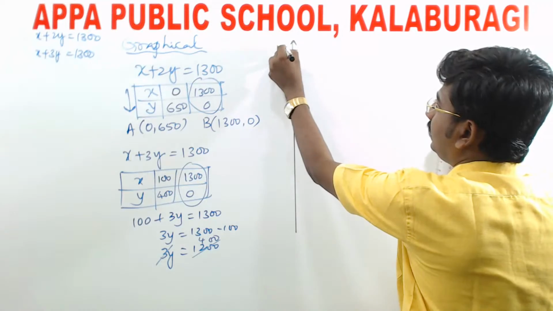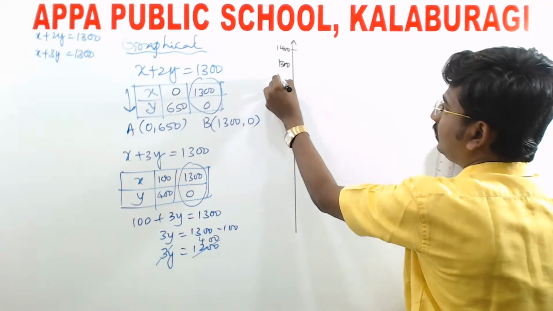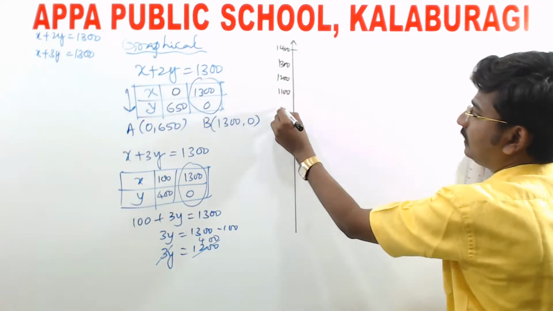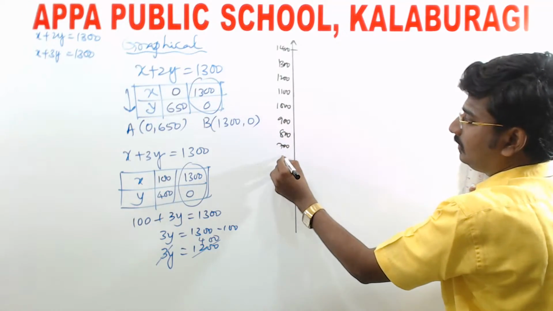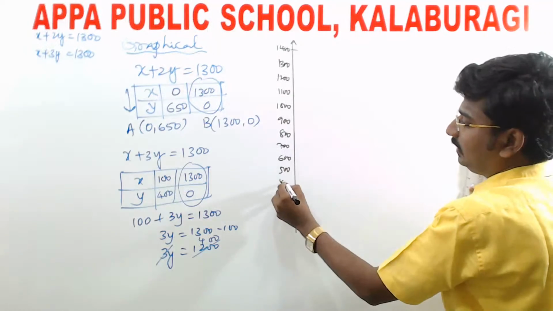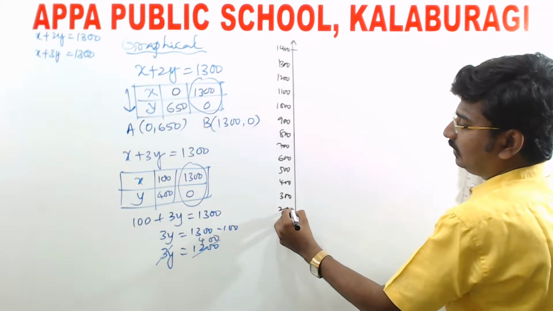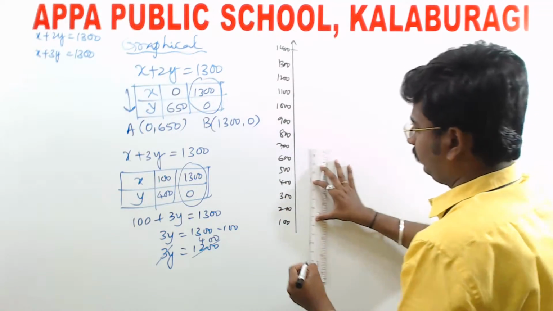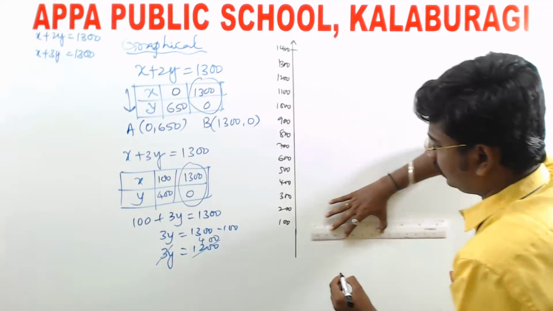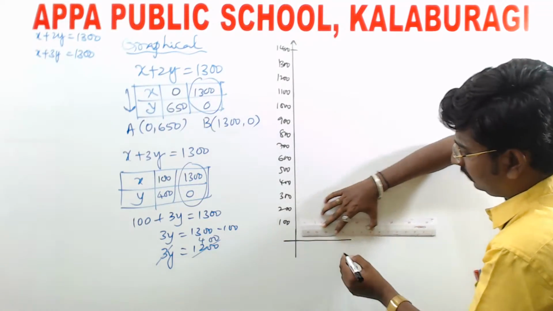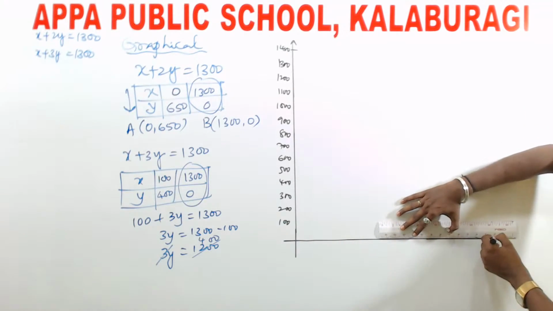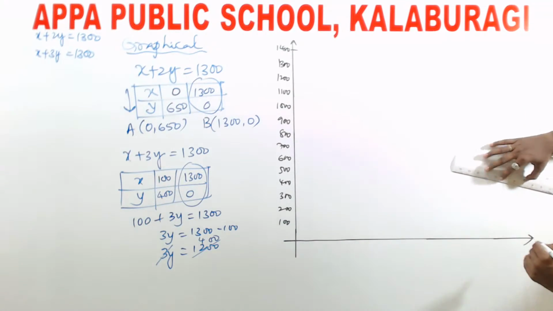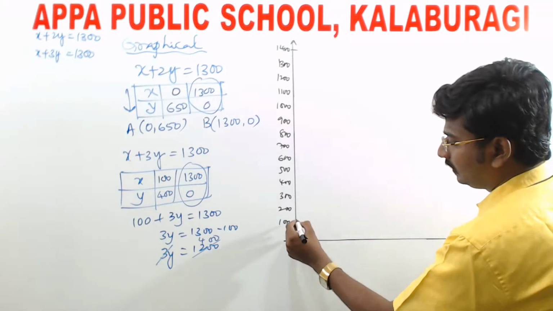So 1400, 1300, 1200, 1100, 1000, 900, 800, 700, 600, 500, 400, 300, 200, 100. Then again along the x-axis, this is the origin.